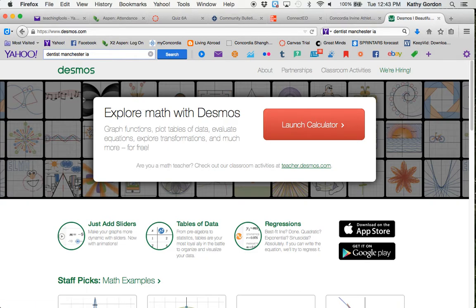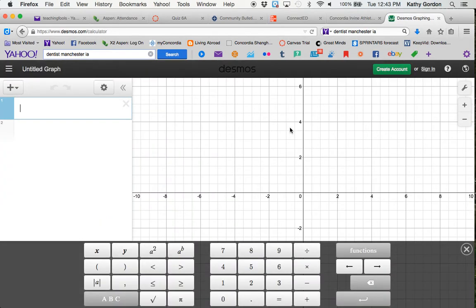You can launch this calculator without having to have any kind of account. An account allows you to save things and print things off, but as a student, you probably don't need those things. That's something that's helpful for me as a teacher. So you don't have to have any kind of account. You just click on the Launch Calculator button and you go.